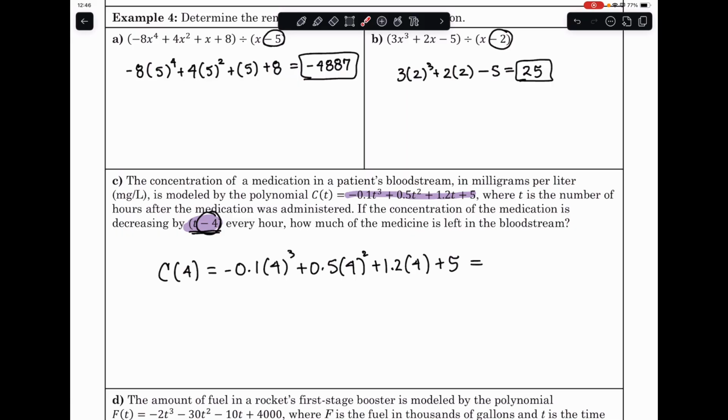Evaluating this ends up with a total of 11.4. So that's the amount in milligrams per liter, the amount of medication left in this patient's bloodstream.